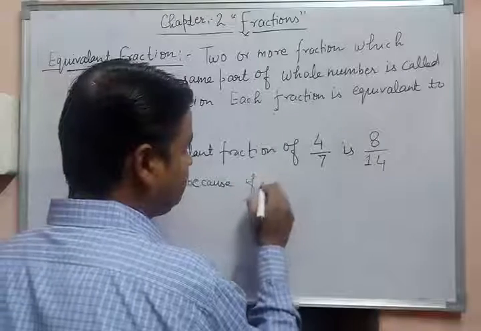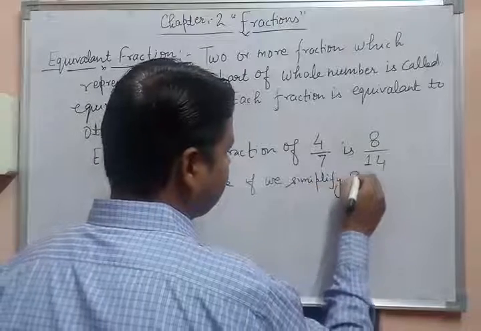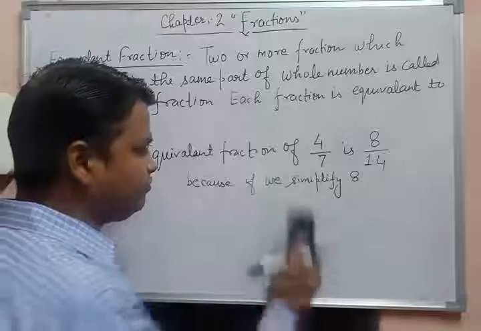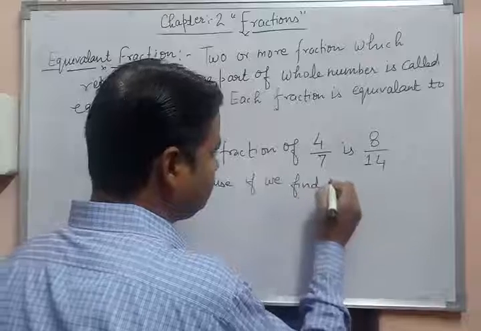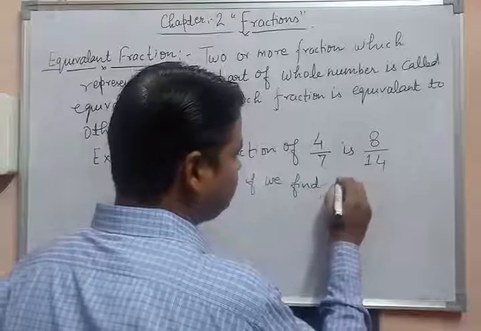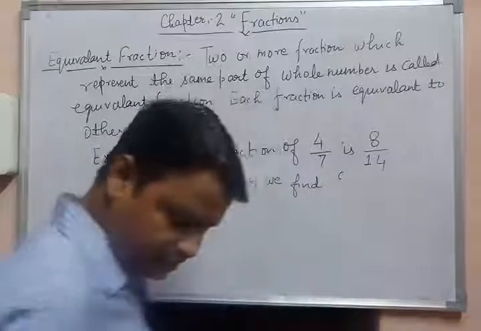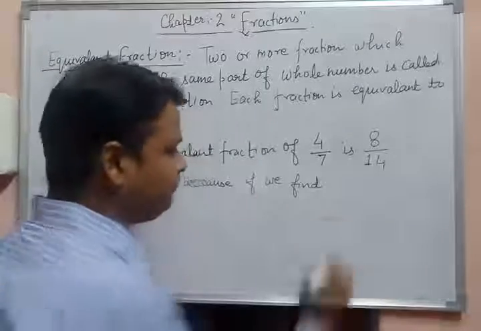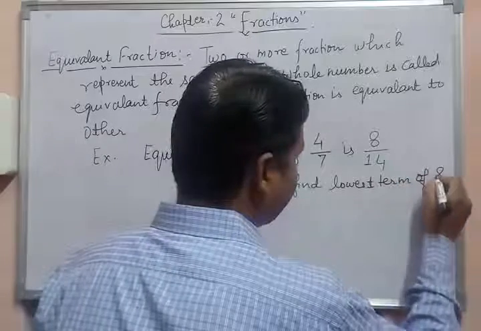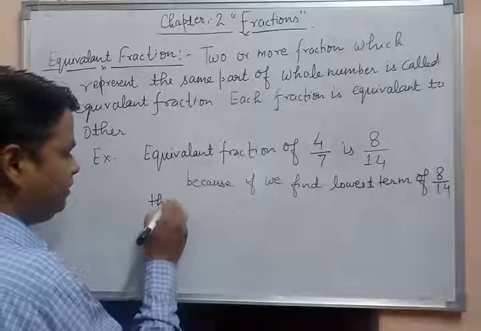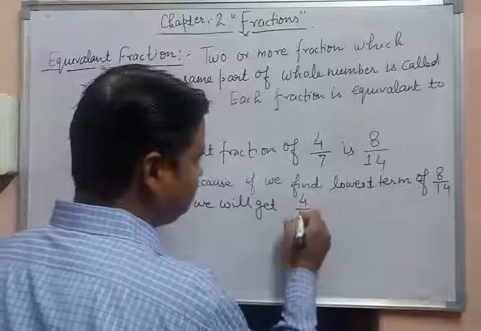if we simplify, or you have to write, if we find the lowest term of 8 upon 14, then we will get 4 upon 7.